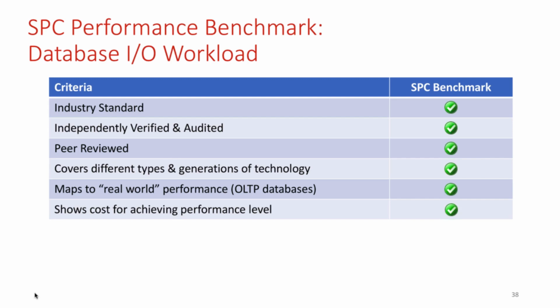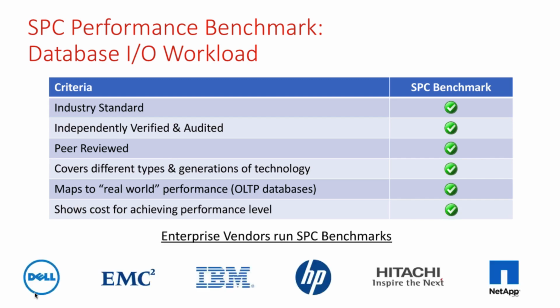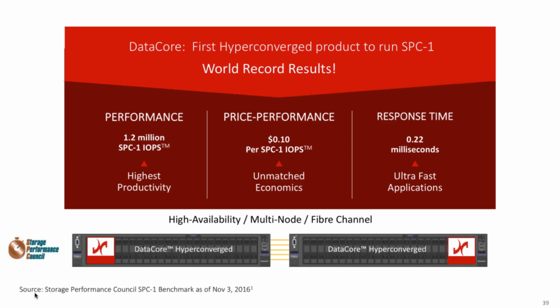You can see results from HP Enterprise for their 3PAR systems, and from EMC, Dell, NetApp, all the major vendors. We really wanted to show that this hyperconverged system running parallel IO is able to deliver the performance that people need.